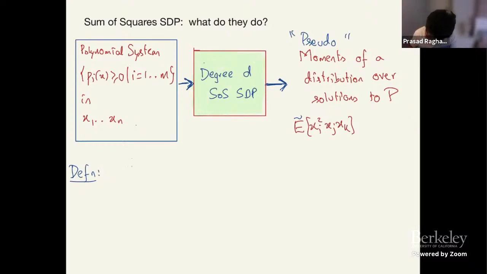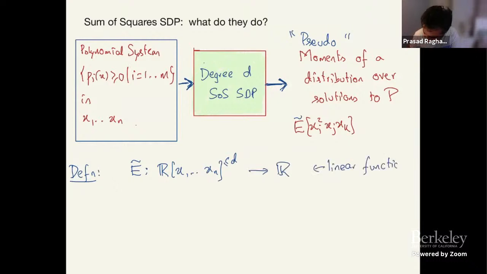So the degree D SOS SDP gives us a functional that can take any polynomial of degree at most D and gives out a real number. It's a linear functional. This is obtained because if I know the moment of every monomial, I know the moment of every polynomial, which is just a linear combination of those.